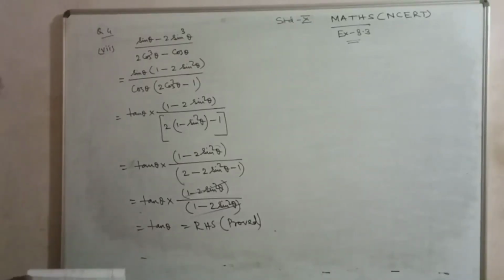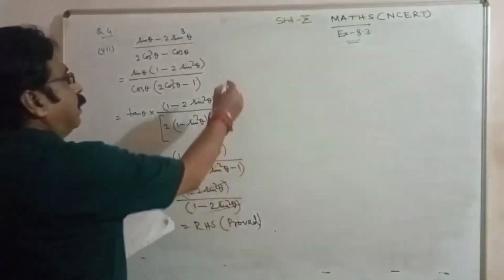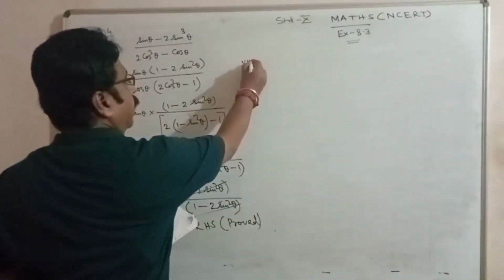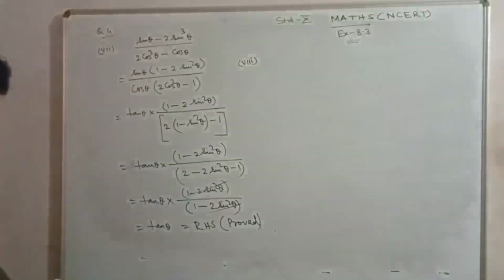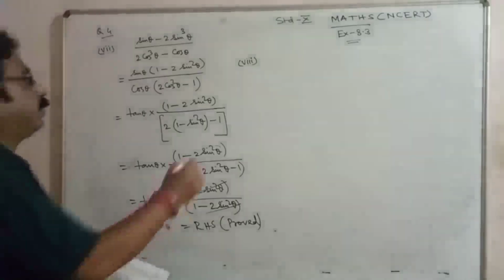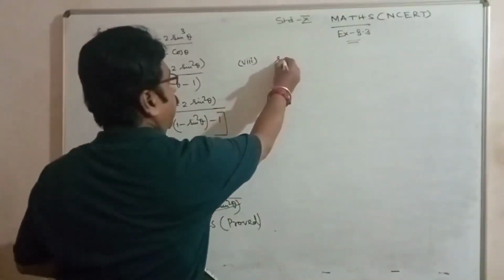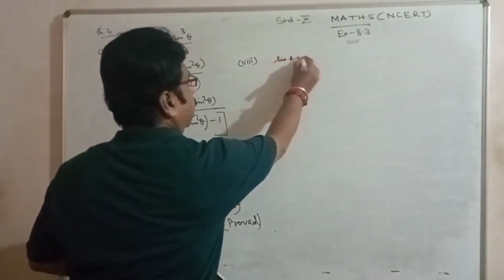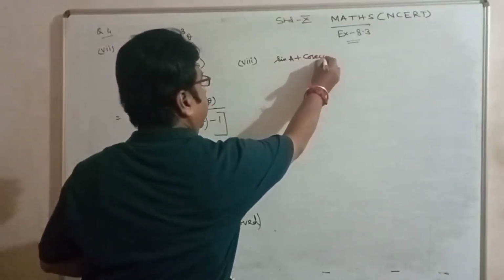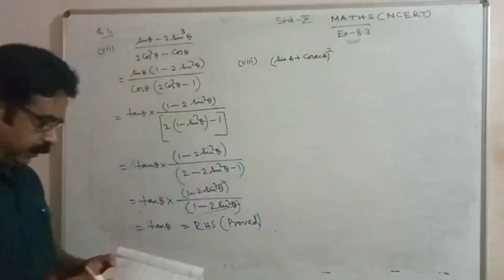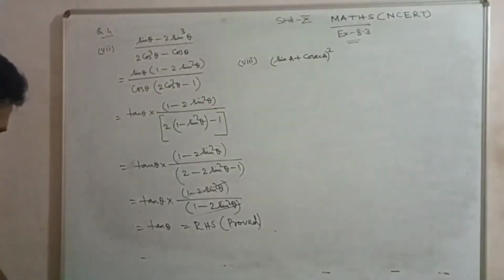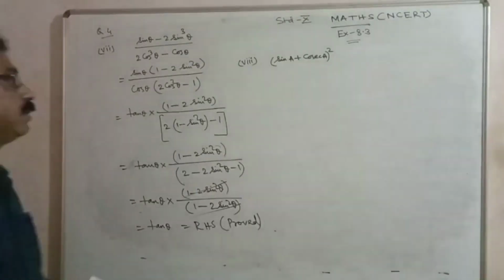Next question. Tan A, sin A plus cosec A whole square, plus cos A plus sec A whole square.